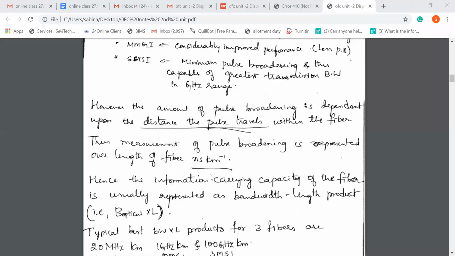If you have notes, you can mark which part is important. This is very, very important: the information carrying capacity of the fiber is B optical bandwidth into L.